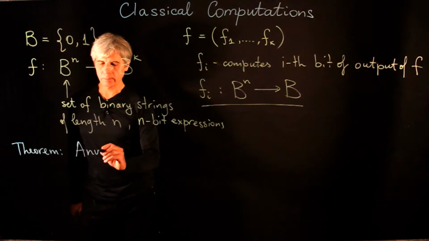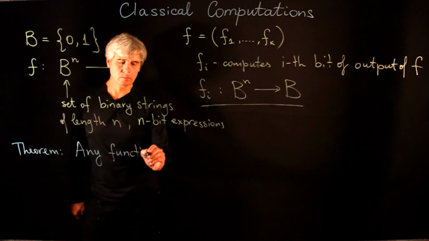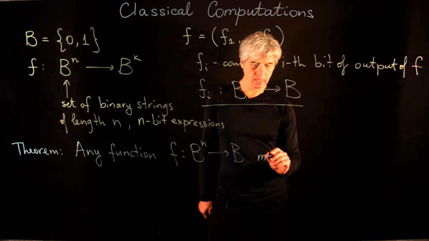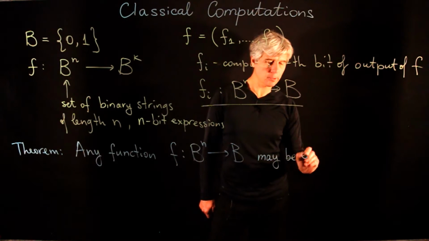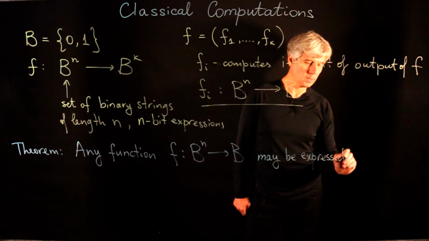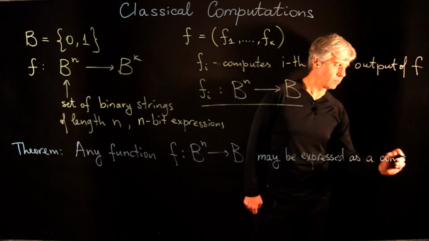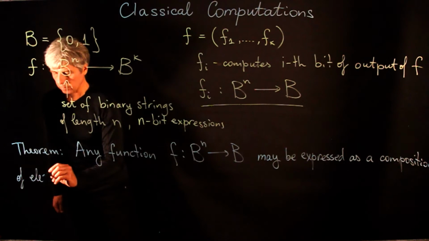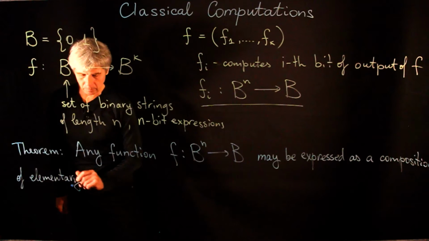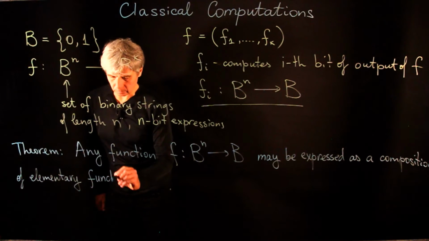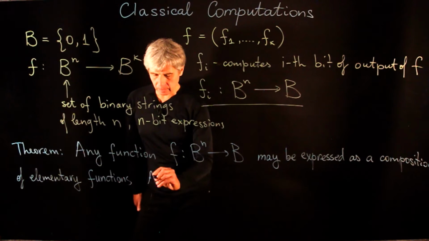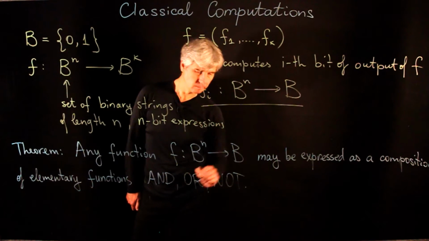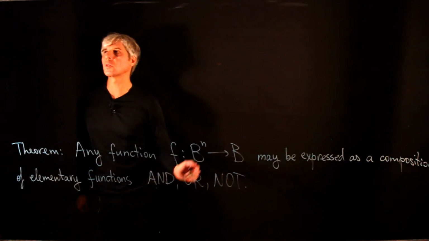So any function f from Bn to B may be expressed as a composition of elementary functions and, or, and not. Now let us review these elementary logical functions.